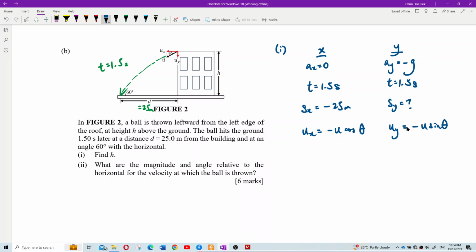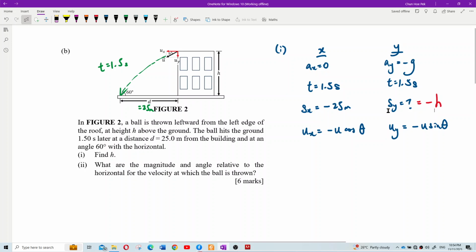That's why I got a negative sign. But let's find H. What I can say is SY must be equal to negative H.